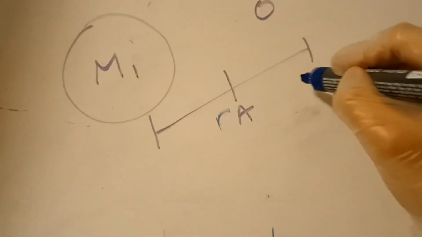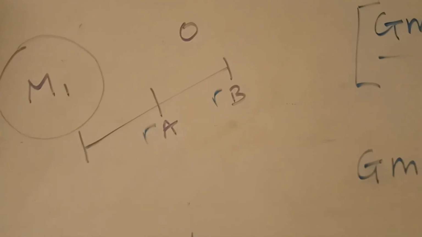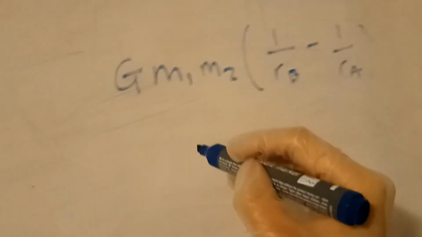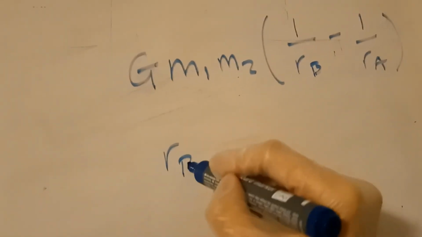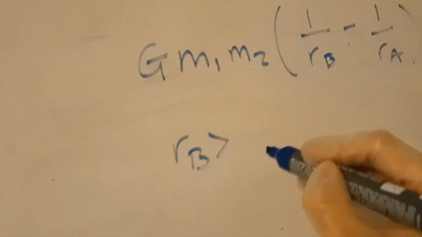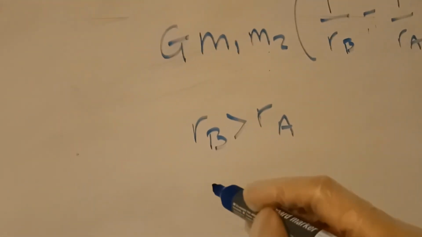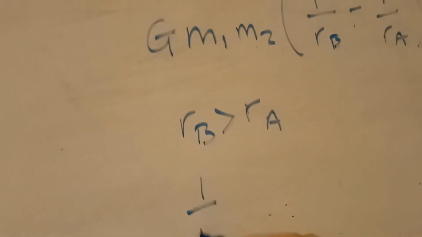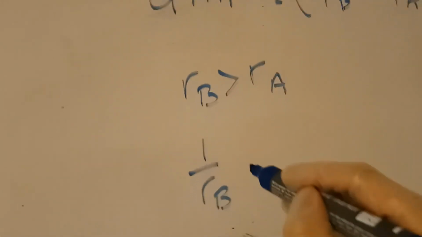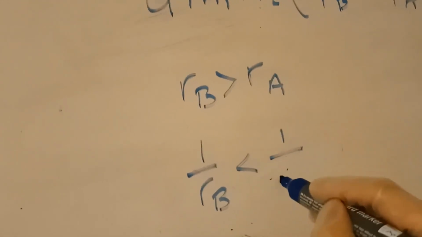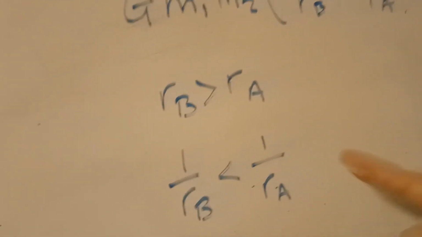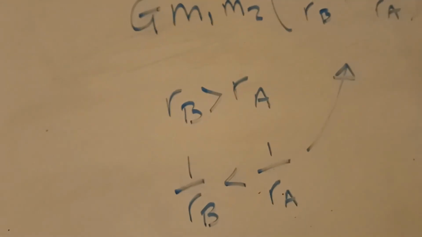Now, RB is bigger than RA, and so 1 over RB is less than 1 over RA. So therefore that is negative.